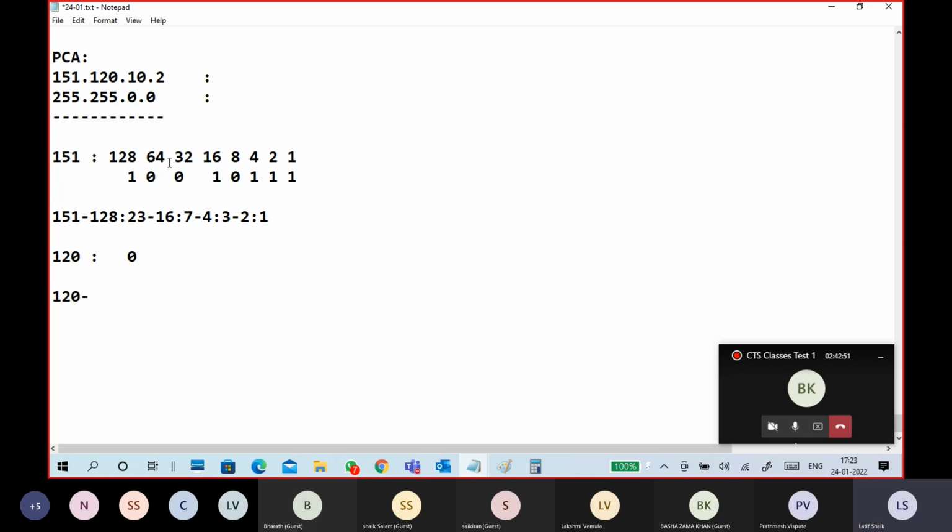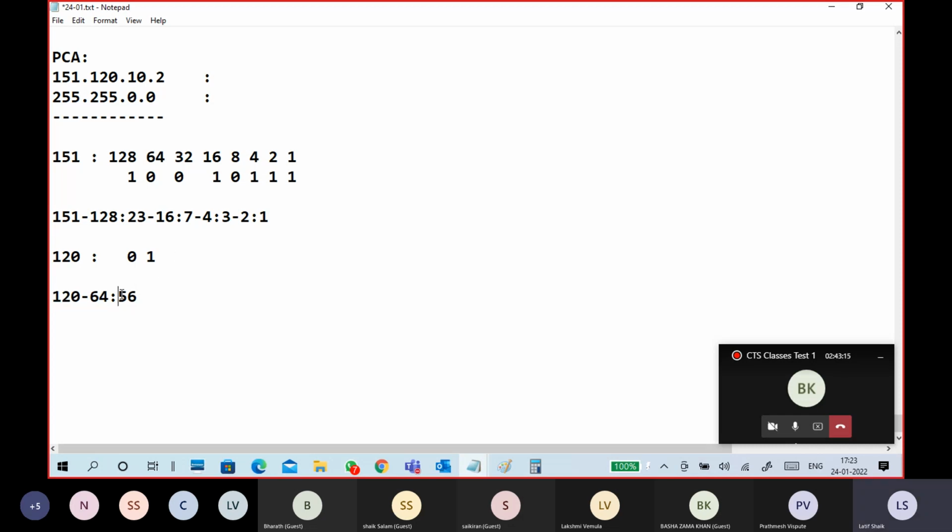Now 120 compared with 64. 120 is big. When it is big, then put 1 and subtract 64. Then you get 56 if you subtract it.